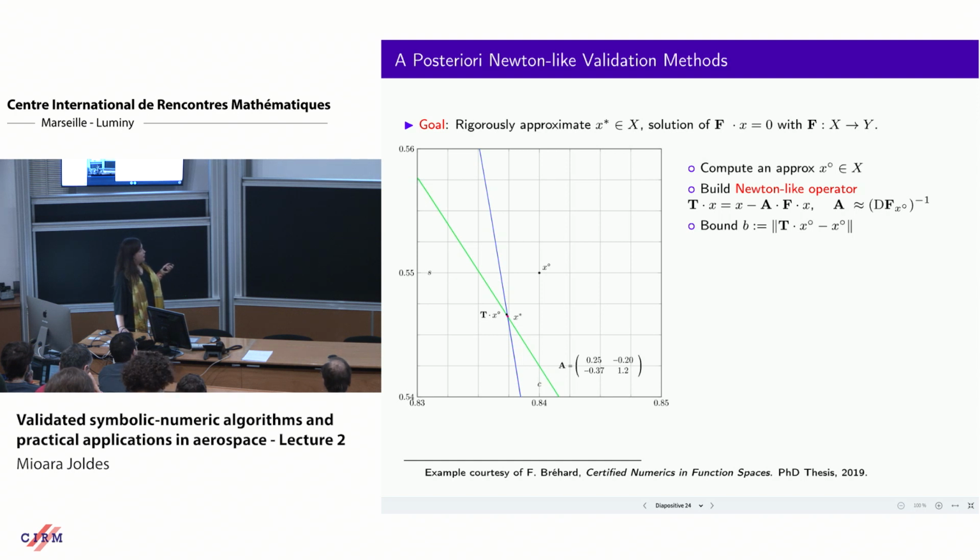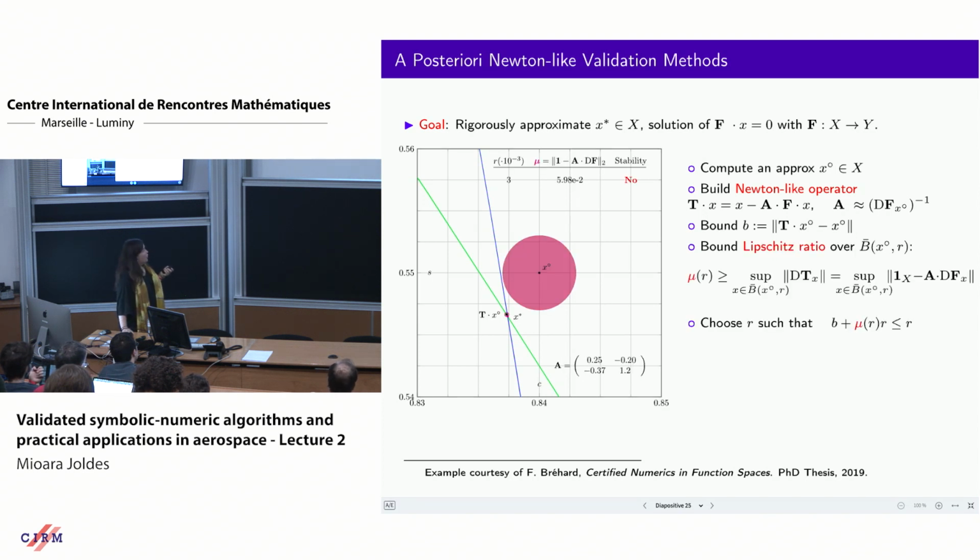So in this case, I can compute the inverse A approximately at this approximate root that I chose, and then I want to try to find a good B and a good R in order to prove the inclusion.